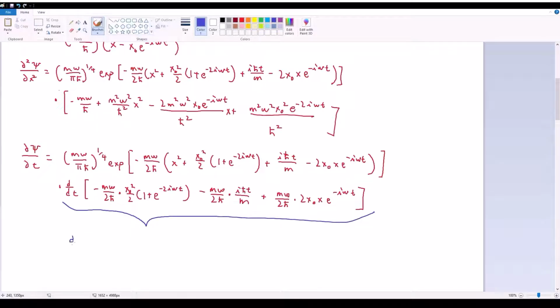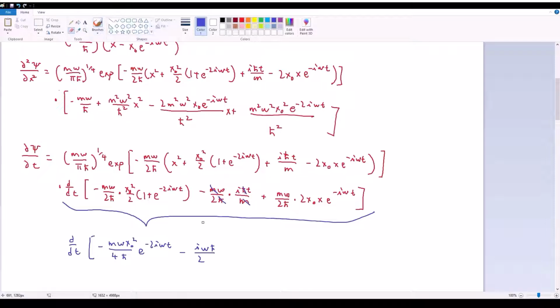So this is going to be d by dt, and we're going to simplify some stuff. Immediately, I can just cancel out the 1, because that one's not going to give me a t expression. So I'm going to get, finally, negative m omega x naught squared over 4 h bar times e to the negative 2i omega t. Over here we have the m's that cancel out, so it's going to be minus i omega h bar over 2 h bar, and the h bars also cancel out.